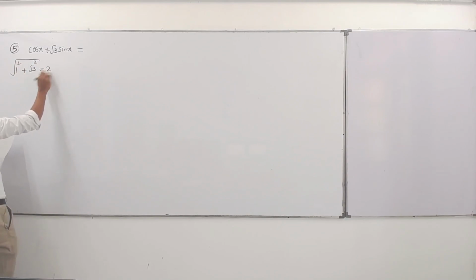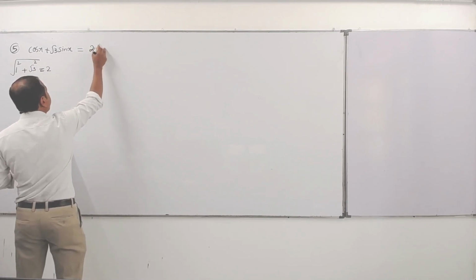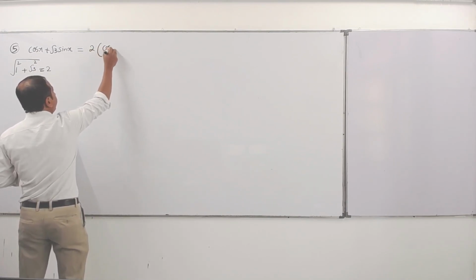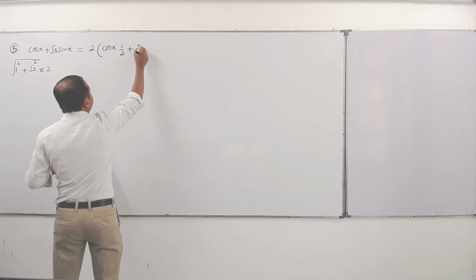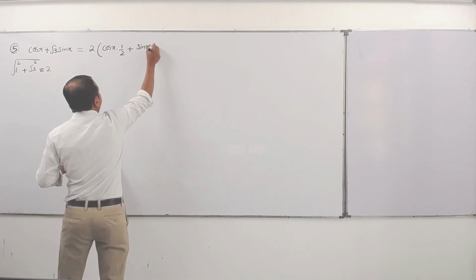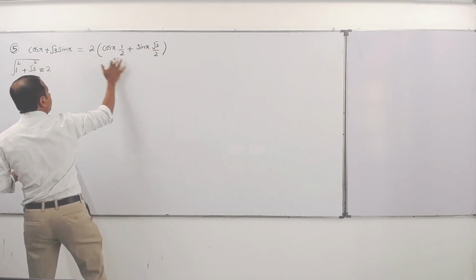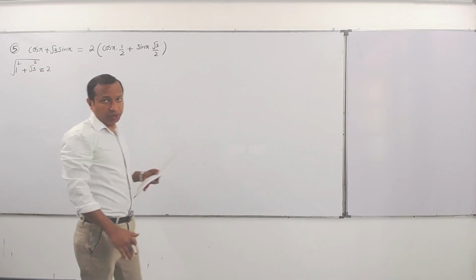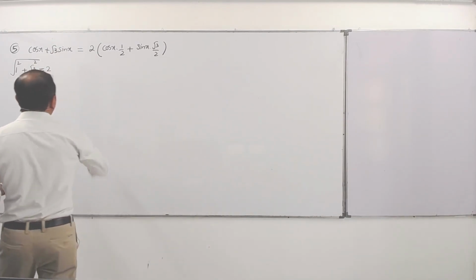Here we get 2. By this 2, we multiply this expression and meantime divide by the same 2. This way. We divided this and this both by 2 and meantime multiplied the expression by 2. Alright, now I can write this one.